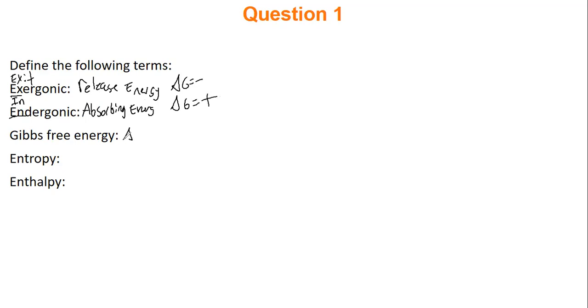Gibbs free energy, we've been using it in the last two terms, delta G. The actual scientific term is ability to do work. So that's what free energy is. It's your ability to do work. It's your money. You spend it to make stuff happen. Entropy, chaos or disorder.